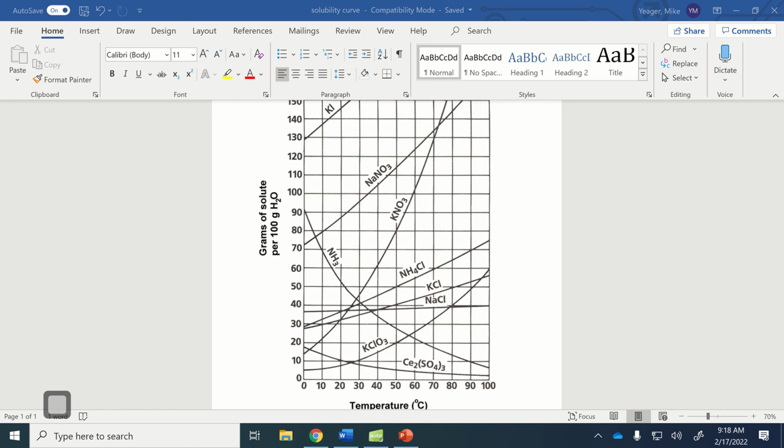Okay. Other things, common questions would just be, how much NaNO3 dissolves at 60 degrees Celsius? Well, I would go to 60 degrees and shoot up the line as straight as possible and go to NaNO3.